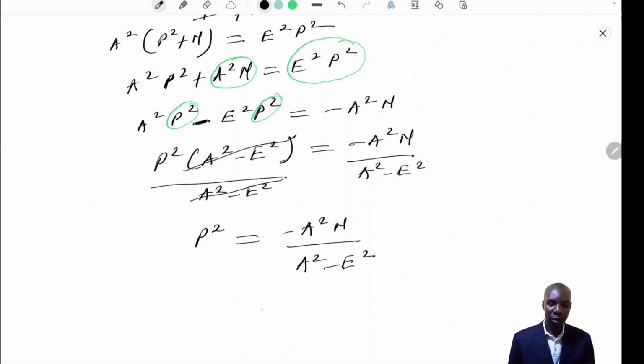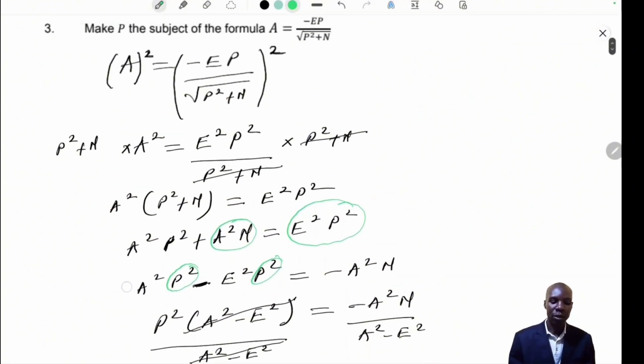If we want to make p the subject, then we take the square root of p squared. So p alone will now be the square root of minus a squared n over a squared minus e squared. And now we have made p the subject of the formula.